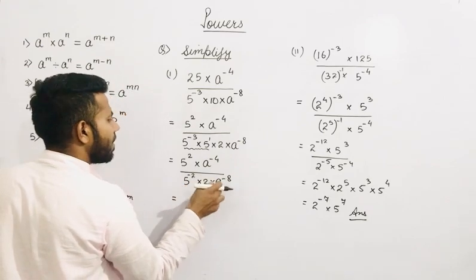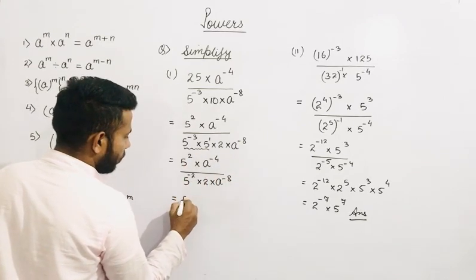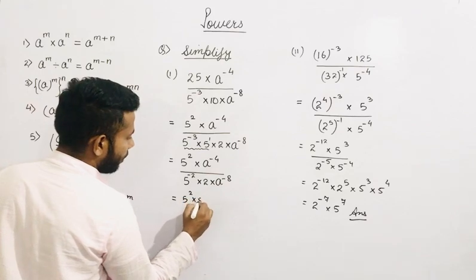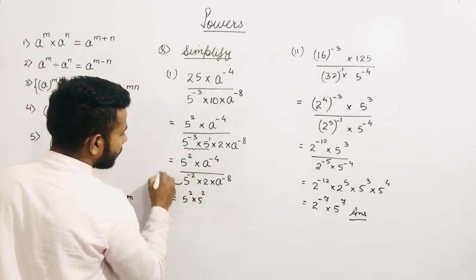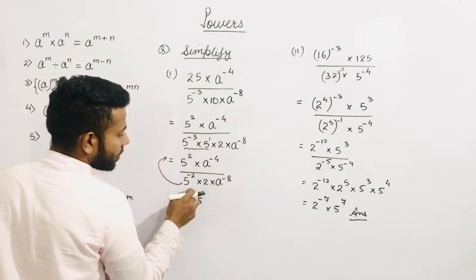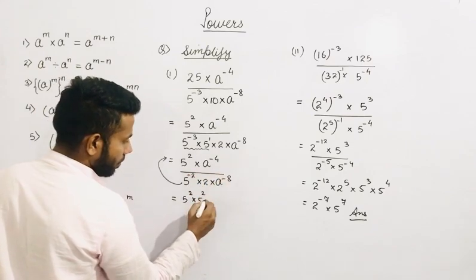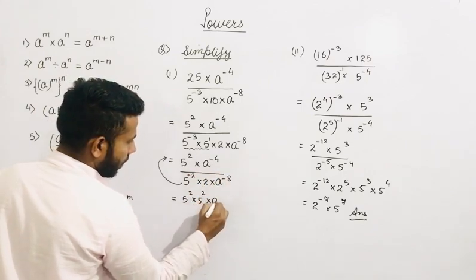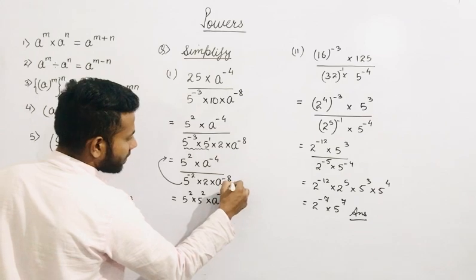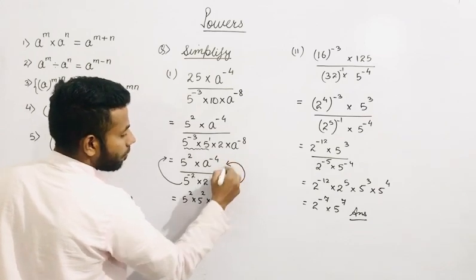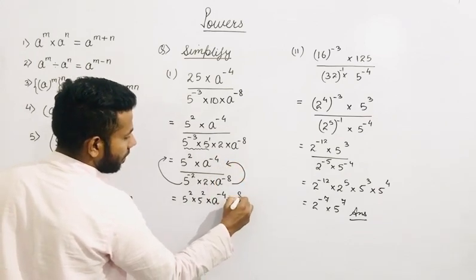Let us move 5 and a upward. So 5 to the power 2 into 5 to the power minus 2; when this shifts upward, 5 to the power minus 2 will become 5 to the power 2, into a to the power minus 4. And when this a to the power minus 8 shifts upward, it will become a to the power 8.